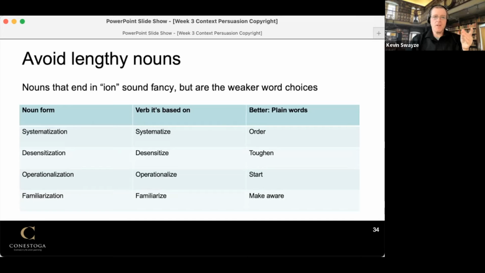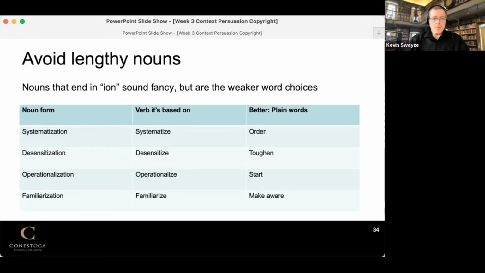So there are some on this screen right now. We have systematization. Wow, that's how you order something. You put it in order. You run something. Desensitization. That makes something tougher. You're taking away how something is responding to a sensation. You're toughening it.